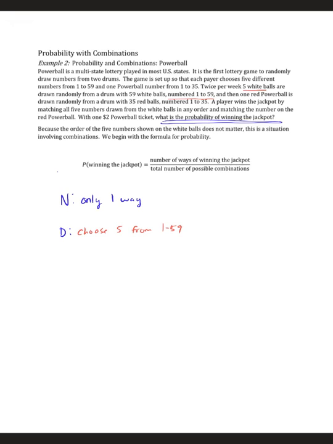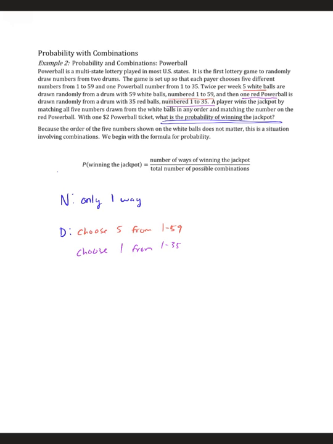The other thing is you then choose 1 red ball numbered 1 through 35. So we have to choose 1 from 1 through 35.